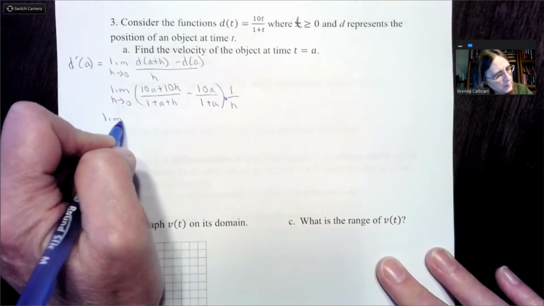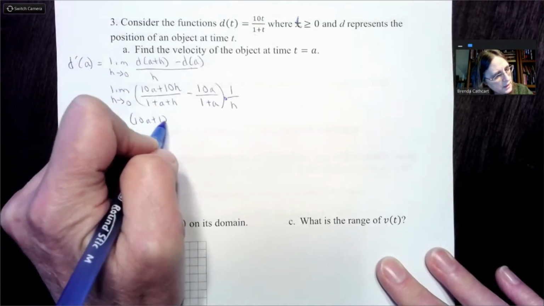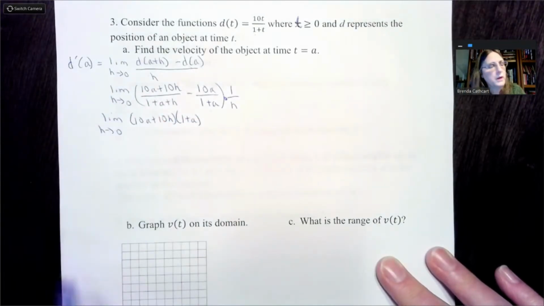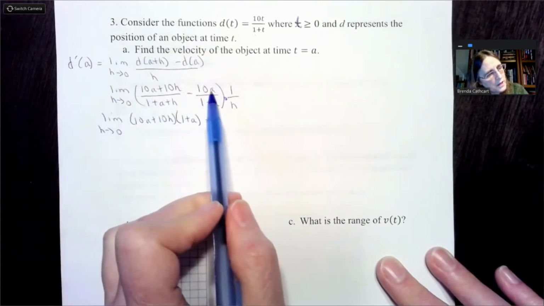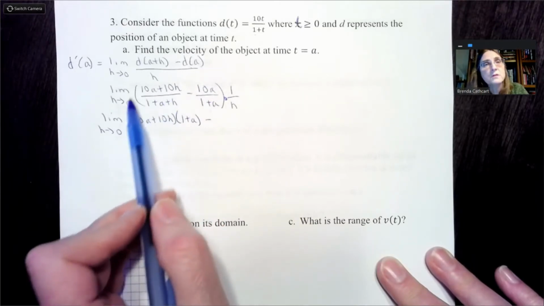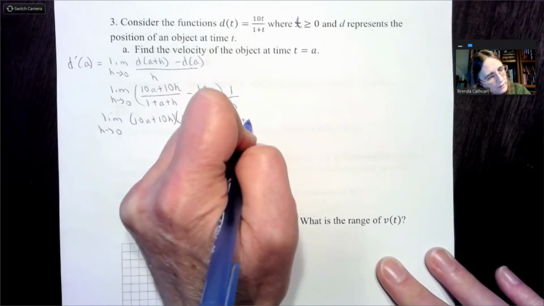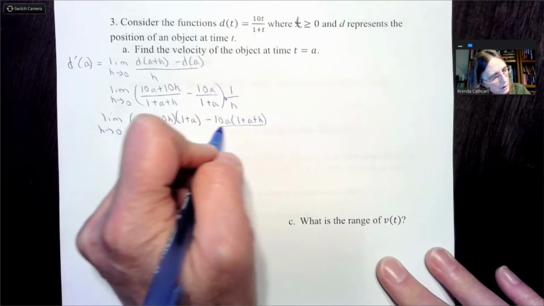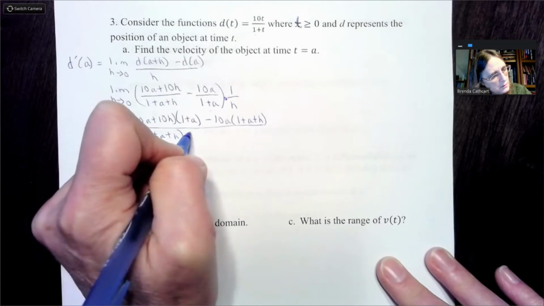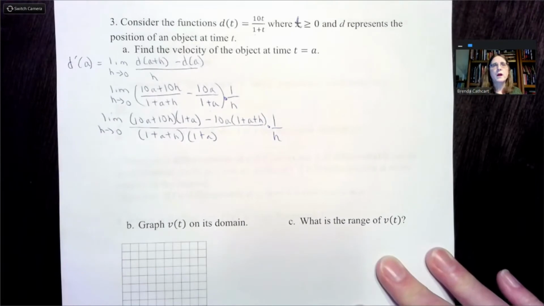So we're going to do the limit as h approaches 0 of the quantity 10a plus 10h multiplied by the factor missing, 1 plus a, for our common denominator, minus our second fraction, where the numerator is going to be 10a multiplied by the factor missing for our common denominator. So it'll be 10a times 1 plus a plus h, all over our denominator 1 plus a plus h multiplied by 1 plus a, and the whole thing is multiplied by 1 over h.